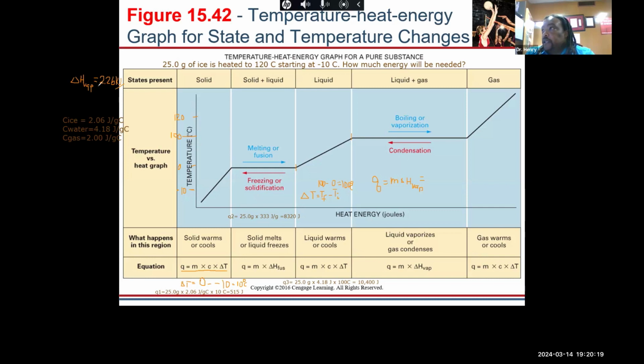So that's going to be 2.26 kilojoules per gram. Okay, so then all we need to do is plug it in.